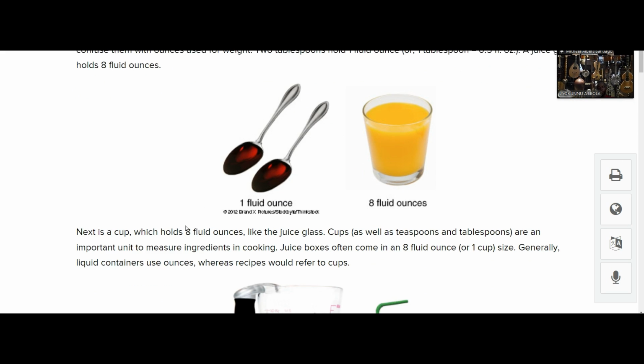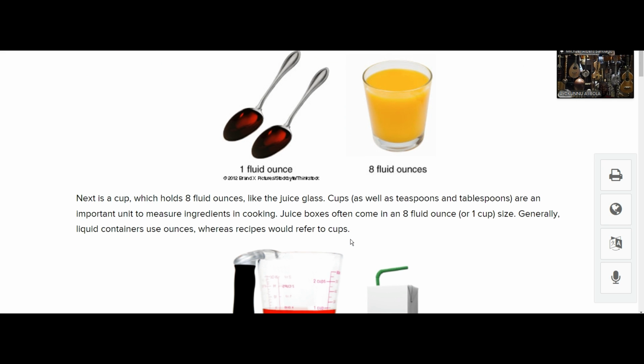Next is a cup, which holds 8 fluid ounces, like a juice glass. Cups, as well as teaspoons and tablespoons, are important units to measure ingredients in cooking. Juice boxes often come in 8 fluid ounces, or 1 cup size.